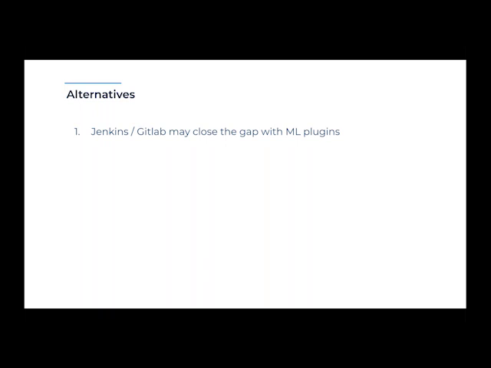Yes, they might be right, but those machine learning plugins do not exist yet, to the best of my knowledge, and somebody needs to write them. Somebody needs to focus on this. So it's a broad focus versus the very narrow focus of Kubeflow.